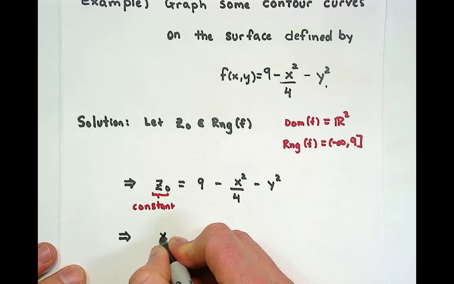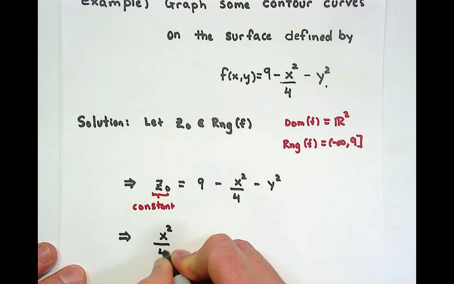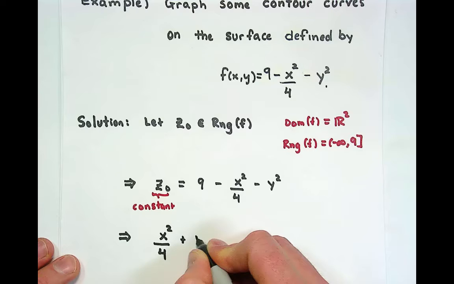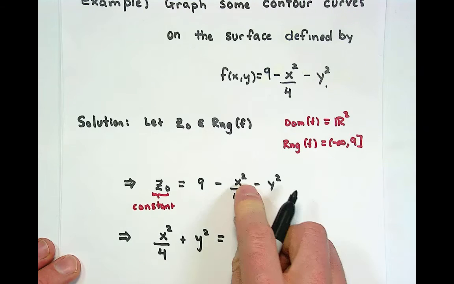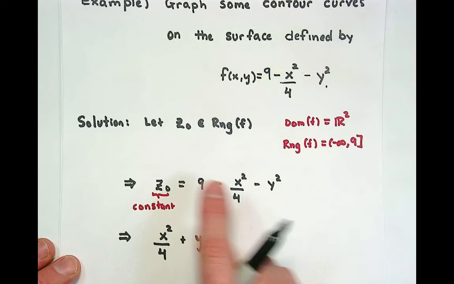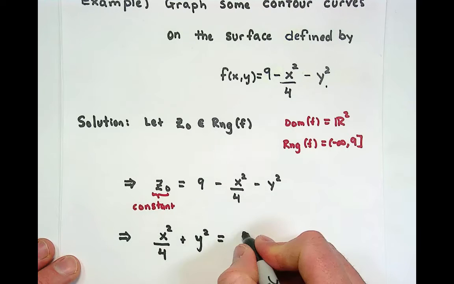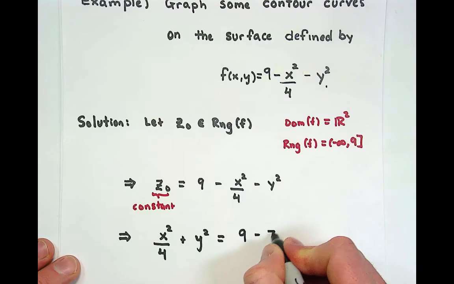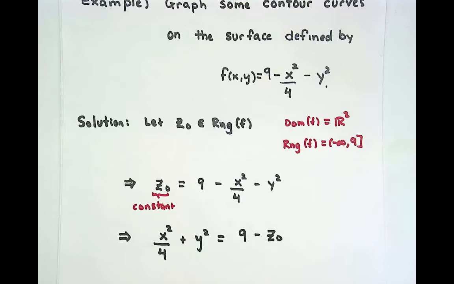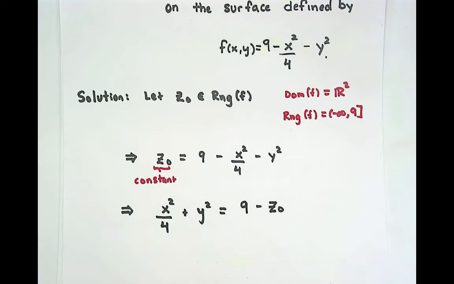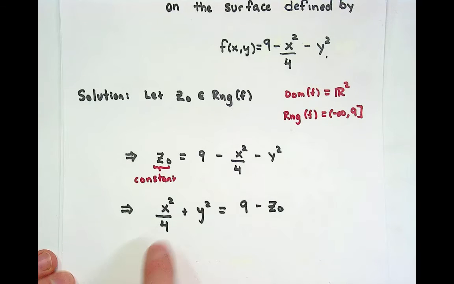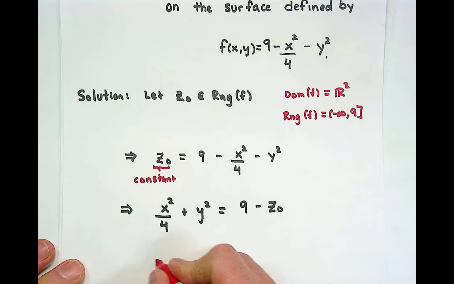Yeah, you got it. This is very similar to the general equation of an ellipse, but there are two things that are different. If I bring the x squared divided by 4 and the y squared over to this side, and then I bring the constant z naught over to the other side, we're almost to a place where we have the general equation for an ellipse.